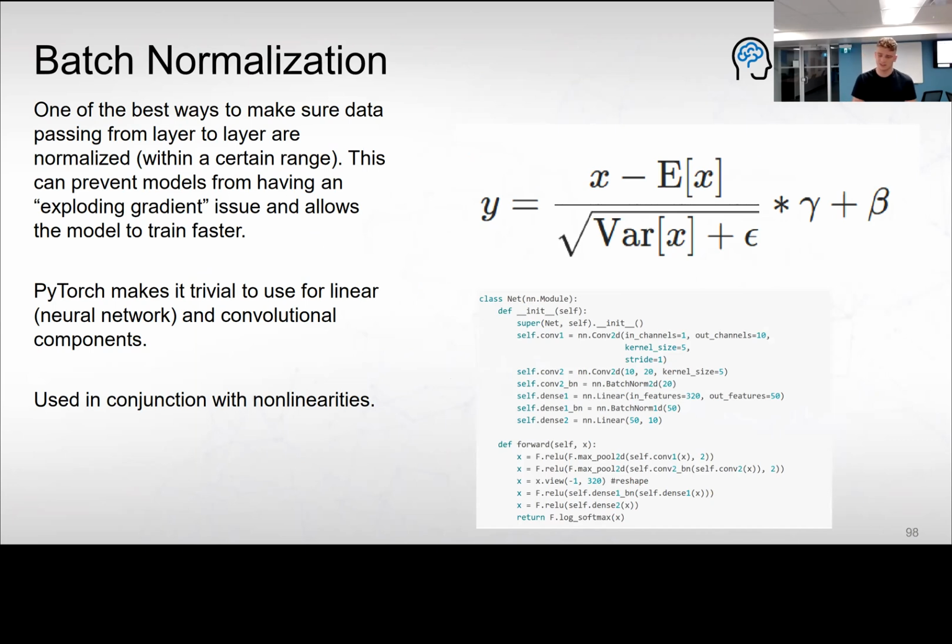There are issues called exploding gradients, something called a vanishing gradient, and normalization issues. These are very involved mathematical terms, and the paper is very hard and complicated to read. But you just have to know that it's one of the best ways to make sure data passing from layer to layer is normalized within a certain range. This can prevent models from having exploding gradient issues and allows the model to train faster. So the model trains faster and gets rid of a lot of issues.